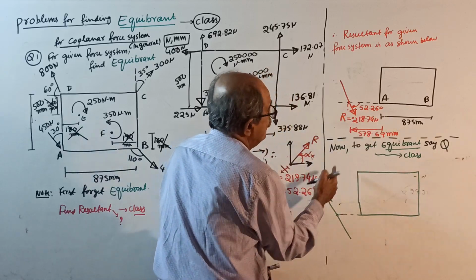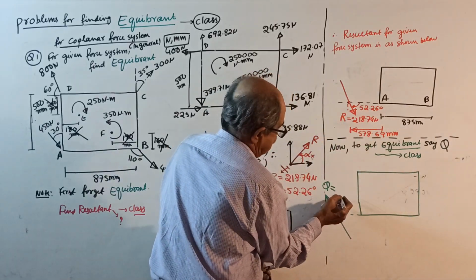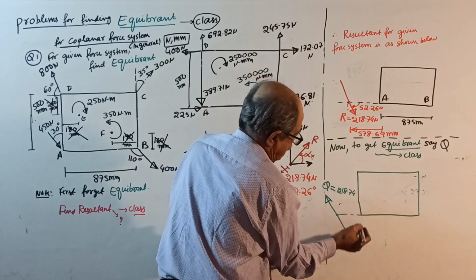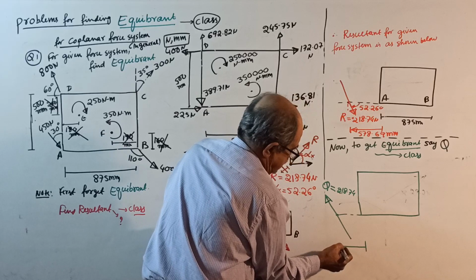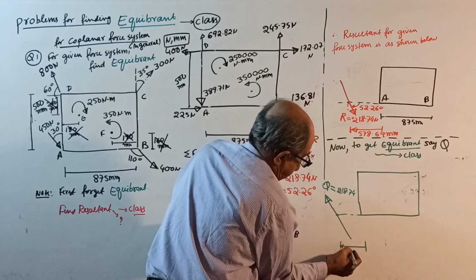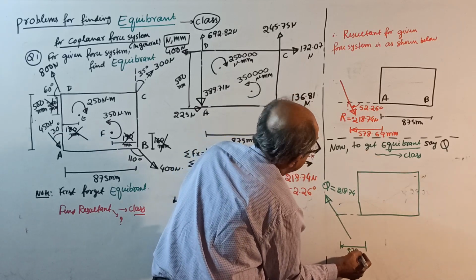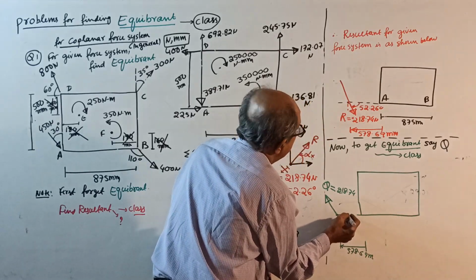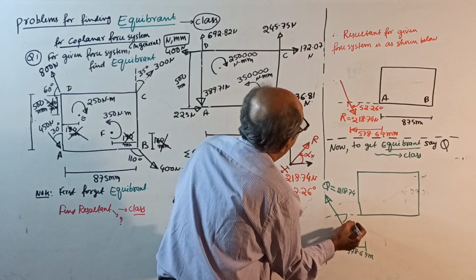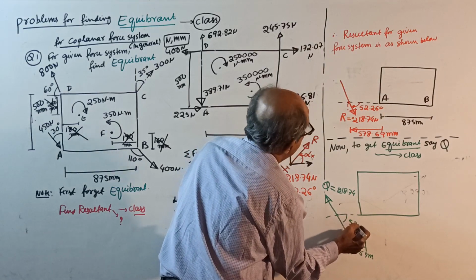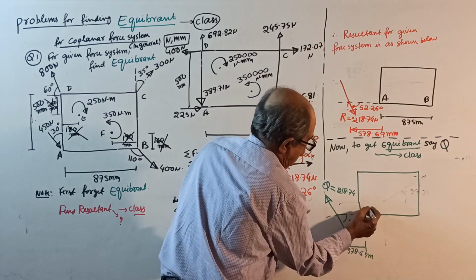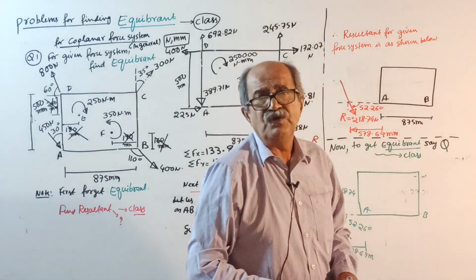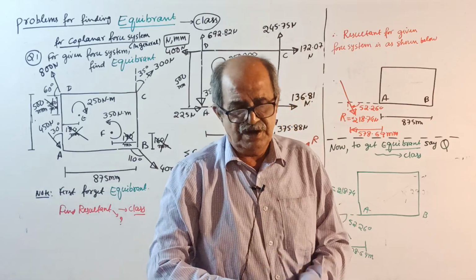Instead of R, I wrote equibrant as Q. How much? 218.74 Newton, which will cut here at what distance? 578.69 millimeter, and the angle with the x direction is 52.26 degrees. This is point A, this is point B, and this is the equibrant for the given force system. Okay, now next question.